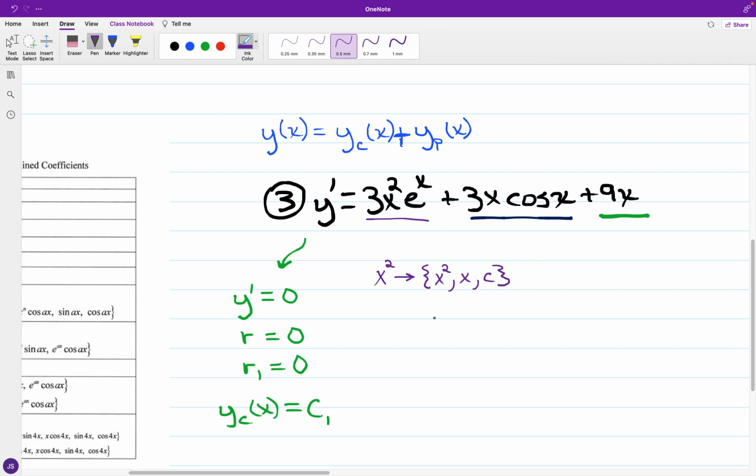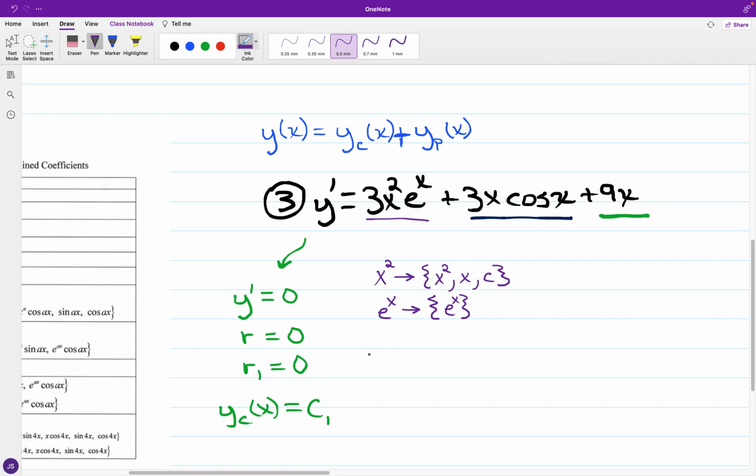Now, I would say we have duplication, and we would if I had just worked with 3x squared. But I'm looking at not 3x squared, but 3x squared times e to the x. And with e to the x, the family of derivatives is just going to be locked in at e to the x.